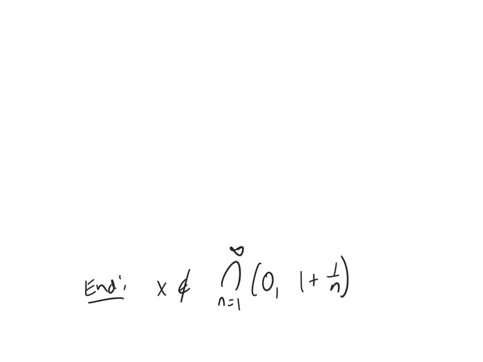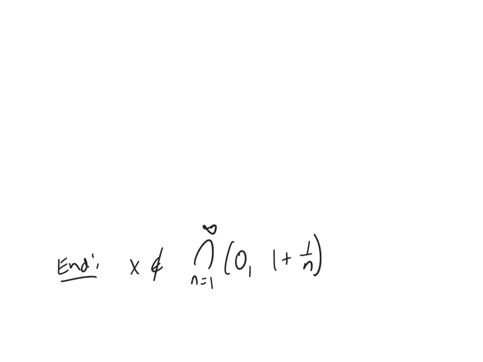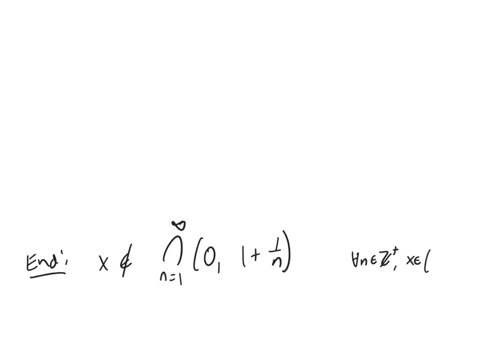The end: I need to show x is not in the intersection. Remember that this intersection is a for all statement: x is in this interval (0, 1 plus 1 over n]. Because x is not in it, we want to negate this statement.